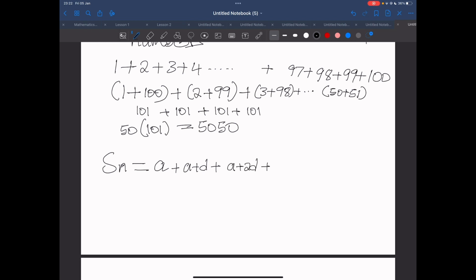We want to add terms up until the last term. L stands for the last term. So the term before last will be L minus d, and the term before the second last will be L minus 2d. So we are going to add these terms.